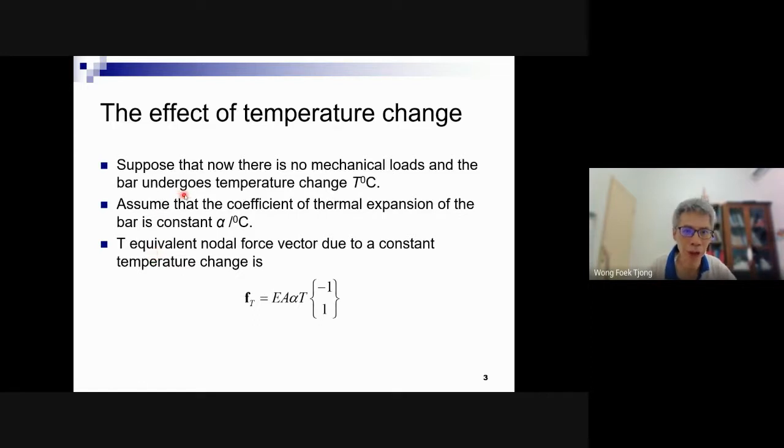Well, suppose now there is no mechanical load. Let's say there is no force on the boundary and along the bar, only a temperature change of T degrees Celsius. And then let's say the bar is made from material with alpha, the coefficient of thermal expansion per degree Celsius.